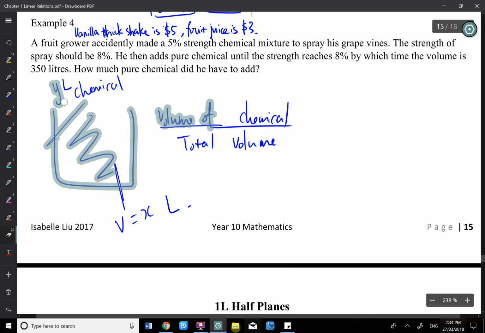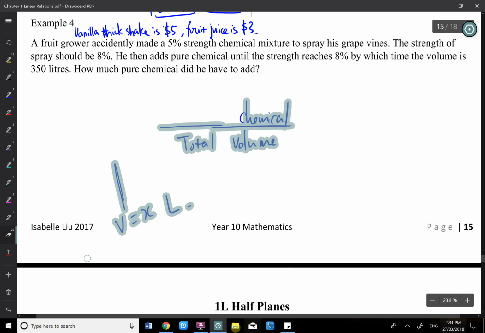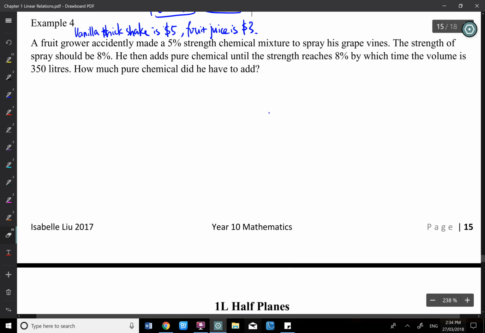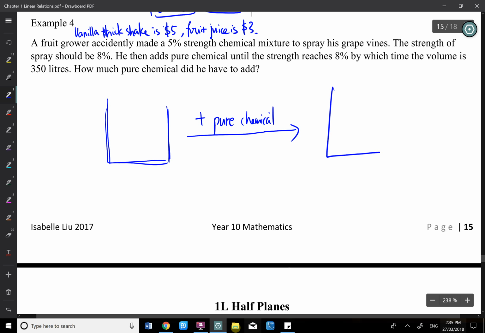Now let's have a think. We don't know a lot of things. What do we know? We have some mixture before. Okay, add pure chemical. We end up with a new mixture, but definitely increased.